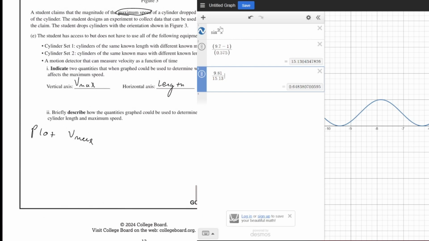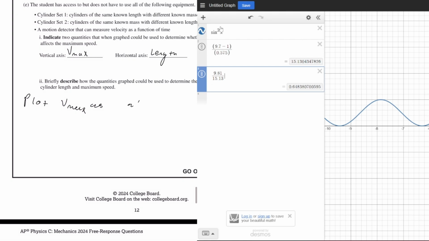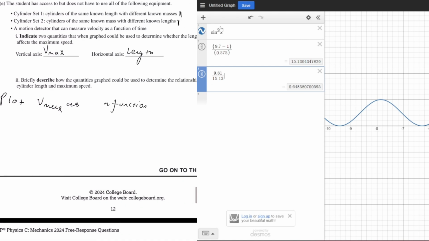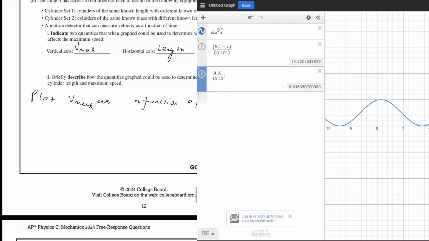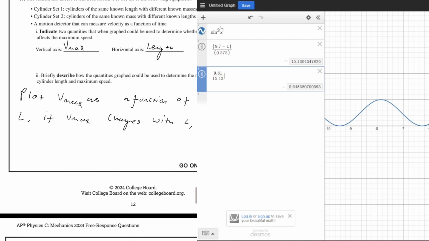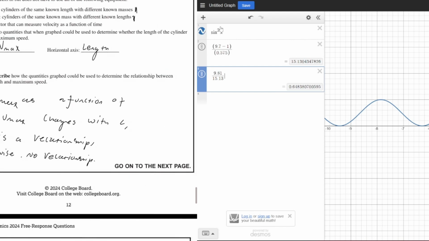So plot V max as a function of L. If V max changes with L, there is a relationship. Otherwise, no relationship. Done.